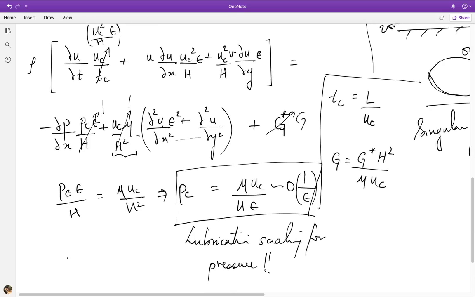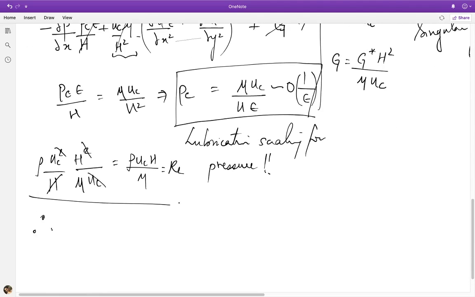So if I multiply throughout, I had rho uc square by h, right? Let's keep the epsilon aside for the moment. Which gets multiplied by h square upon mu uc. Right, so we get in fact rho uc h by mu, which is nothing but the Reynolds number.